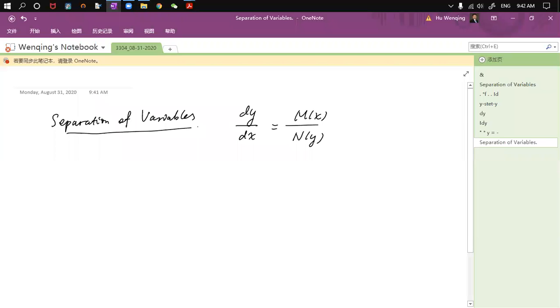In today's lecture, we also talked about possibilities of changing this equation. It might be m of x multiplied by n of y, or it might be m of x and n of y divided by m of x. That's also a separable form. There are many different ways to talk about separable forms of equations.